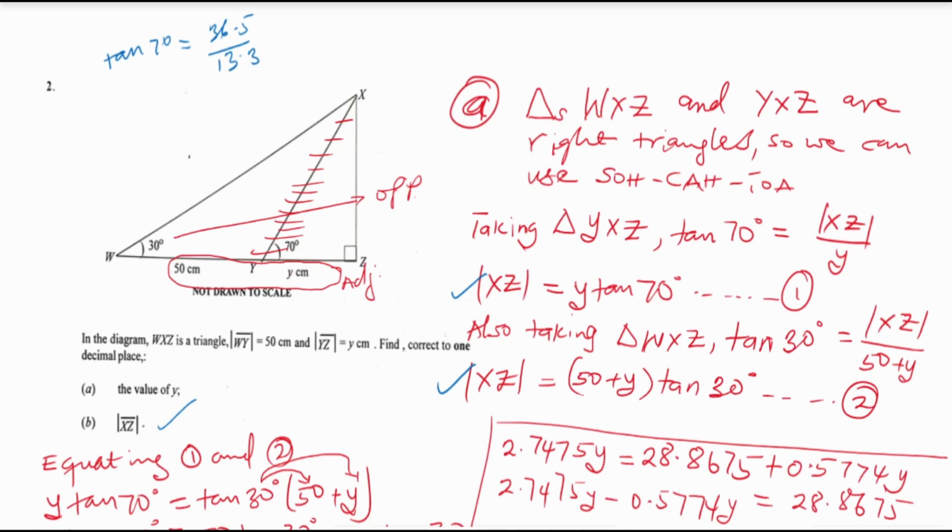So we are going to take the tan inverse of this to see if we get 70. That's just what we're going to do. So tan inverse of 36.5 over 13.3. And let's see what we get. We just check that on the calculator.